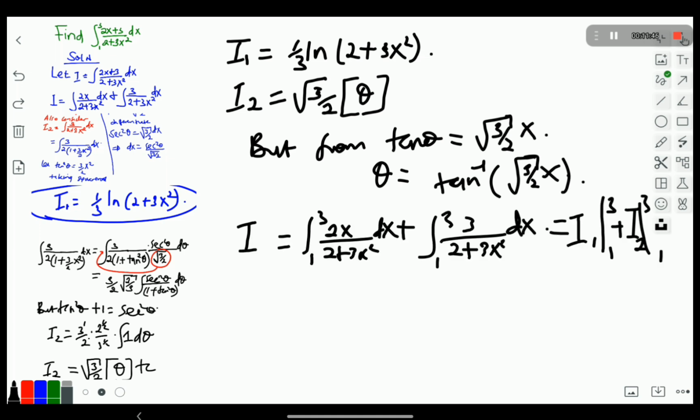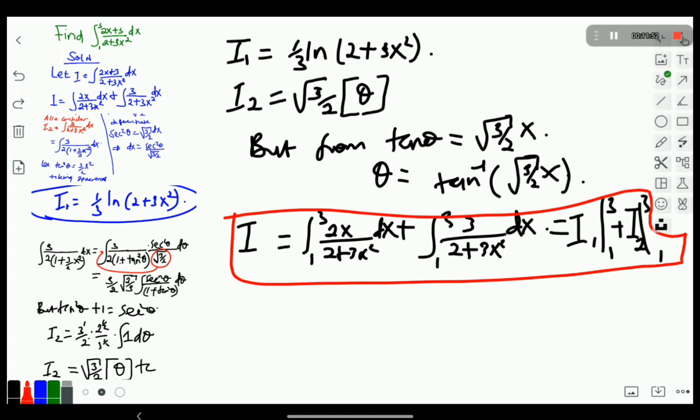If we keep on substituting that where there is theta, it will simplify our work, rather than first expressing the values in terms of theta, which will bring in the pi's and becomes somehow complicated. So if you bring I1 and I2 like that, it will be the integral from 1 to 3 of I1, and the integral from 1 to 3 of I2. We just need to substitute the limits.